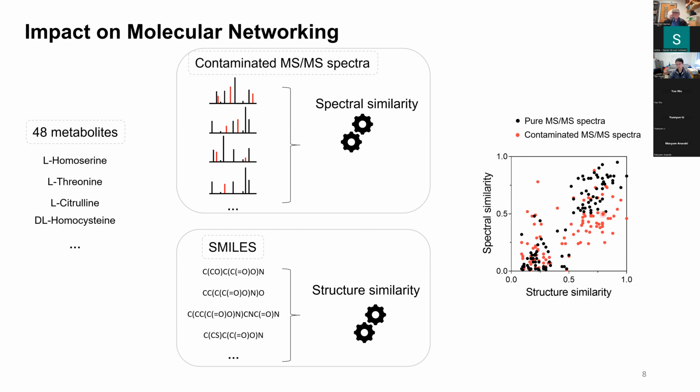Visually, you can clearly see that for those pairs with high spectral similarity, they get a reduced spectral similarity after they've been contaminated by the randomly added noise. However, for those pairs in the low structural similarity range, their spectral similarity actually got artificially higher because of the contamination. The explanation is that when you have this contamination, it will artificially generate more random hits. Therefore, you will get a slightly higher spectral similarity.